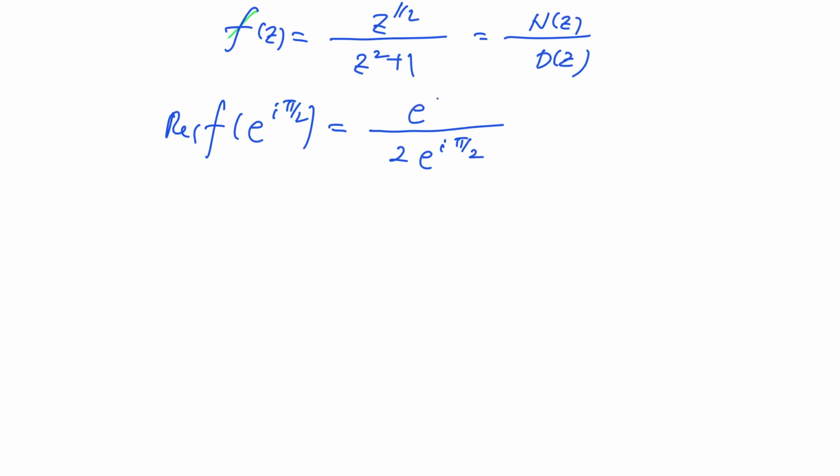And this is e to the i pi over 4. So 2i times cosine pi over 4 plus i sine pi over 4, which is 1 over 2i.